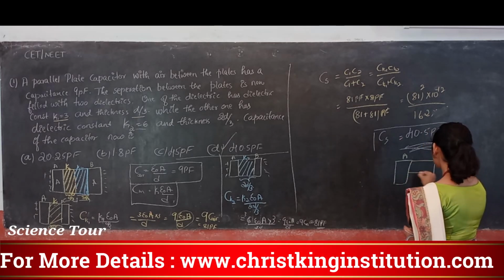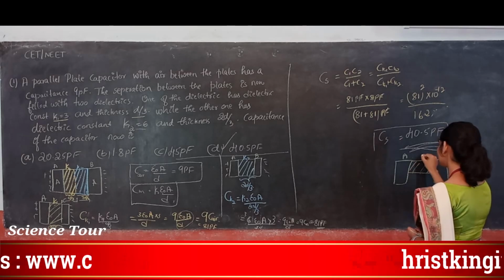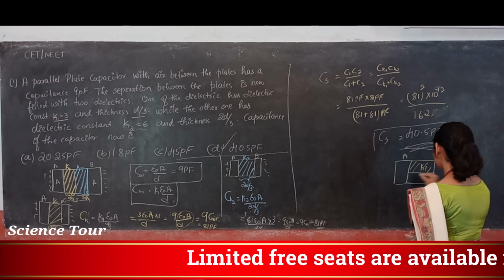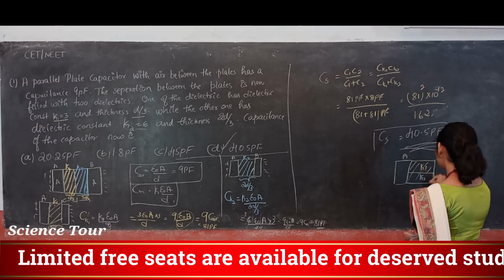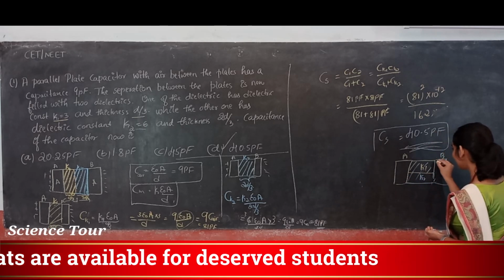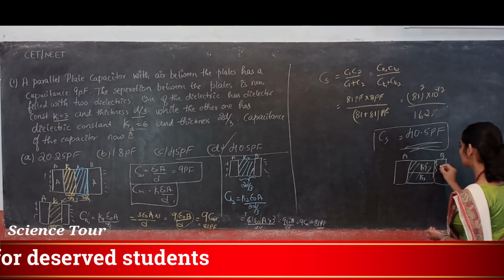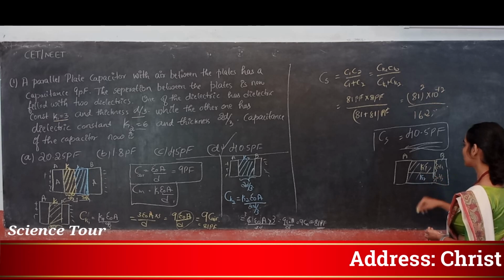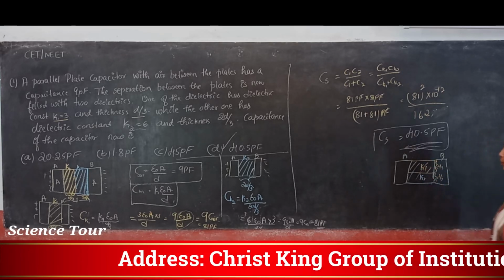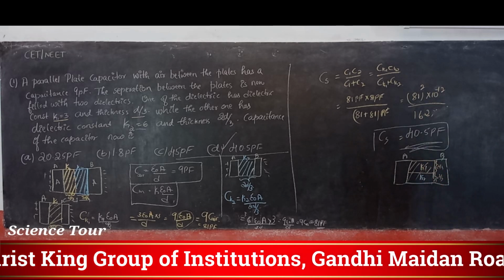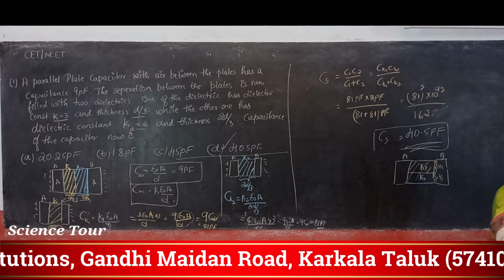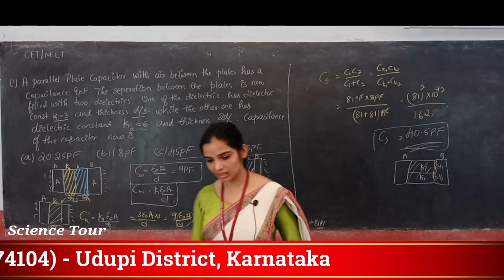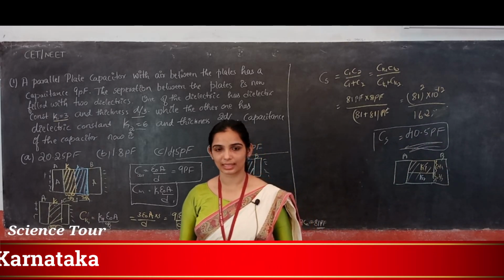K1 here and K2 here. The thickness will be this, D by 3, and they are in parallel combination. That would be difficult to deal with, so you should consider series combination. Yes, we will discuss some more problems in the next class. Thank you.